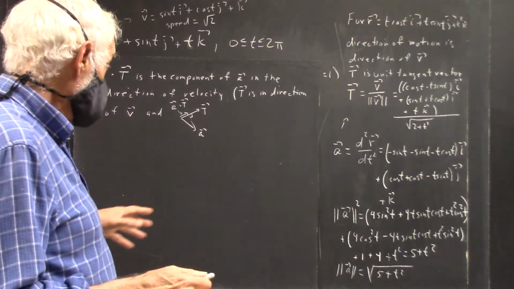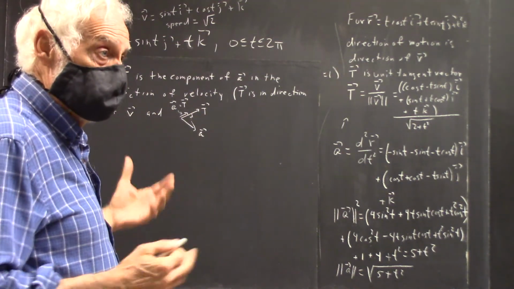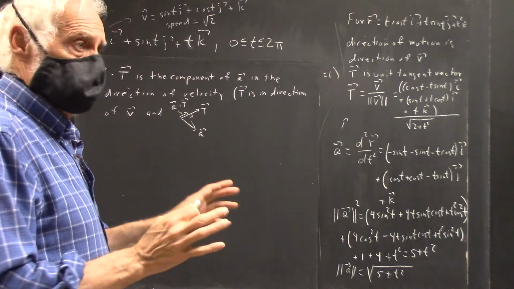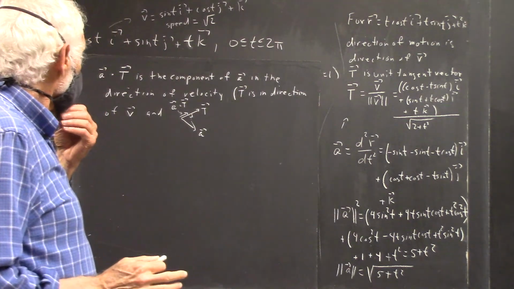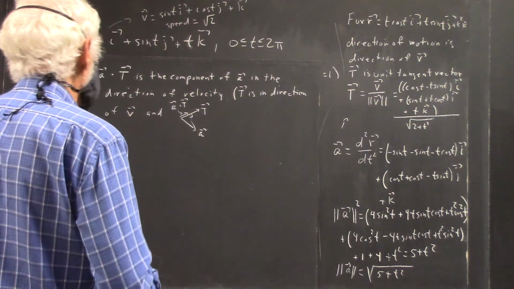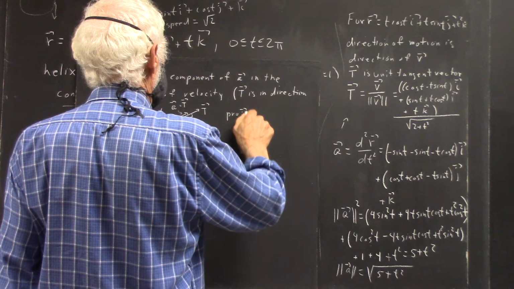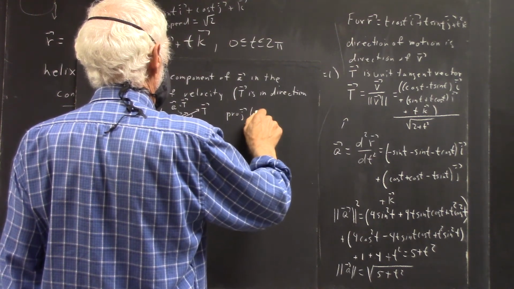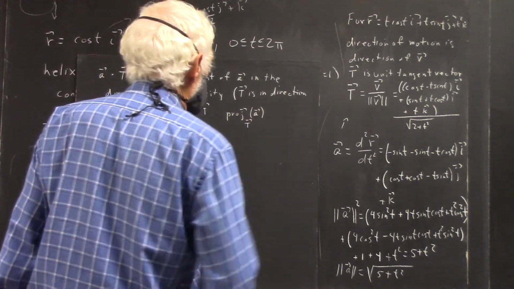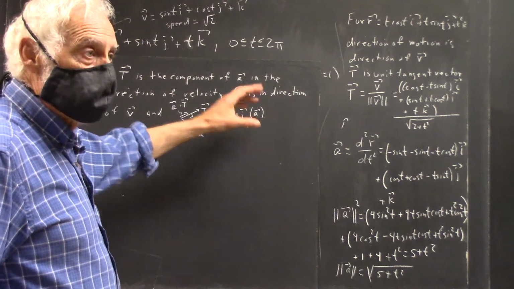Now, if you don't totally understand that, you probably want to go back and review some stuff you did in the previous chapter, and it's straightforward. It's the projection of A on t. Since t is a unit vector, you don't have to worry about the magnitude of t.